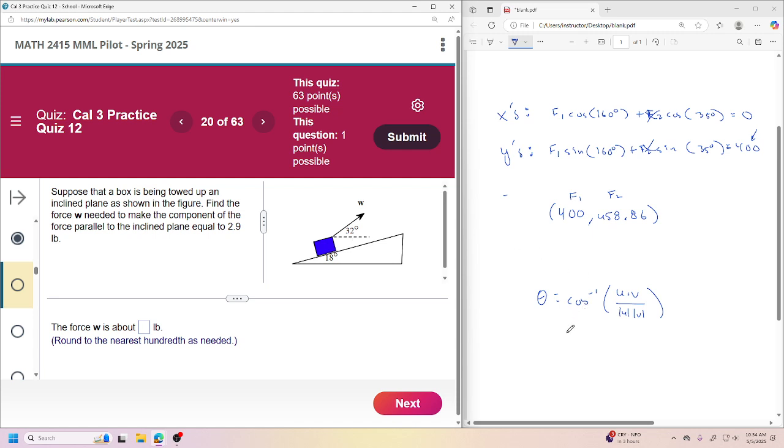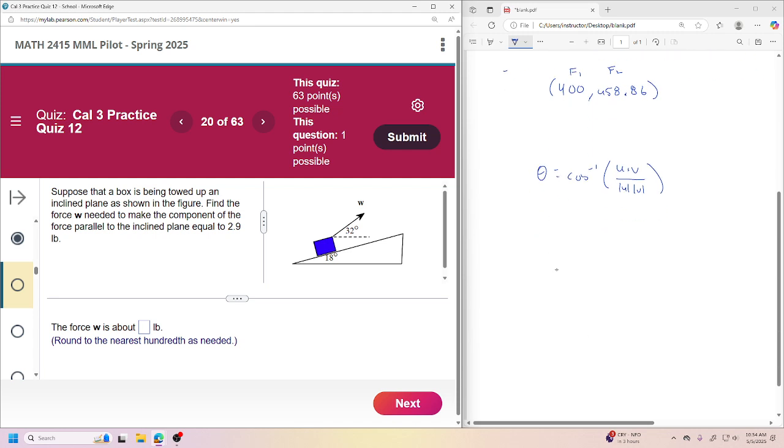I can't remember. And then I believe it's like the weight times cosine angle, something like that.